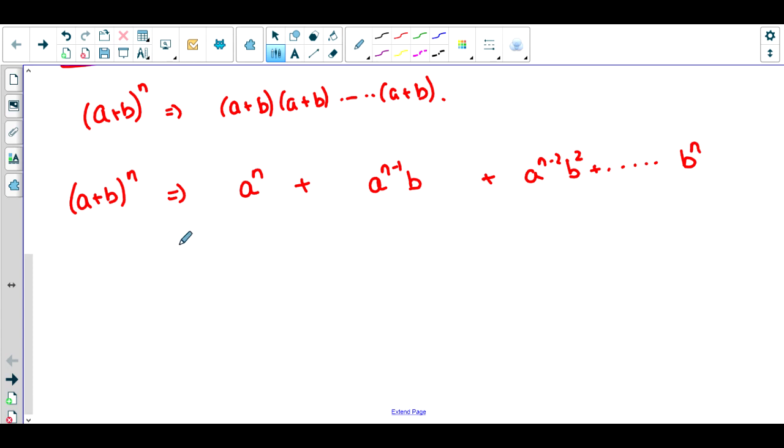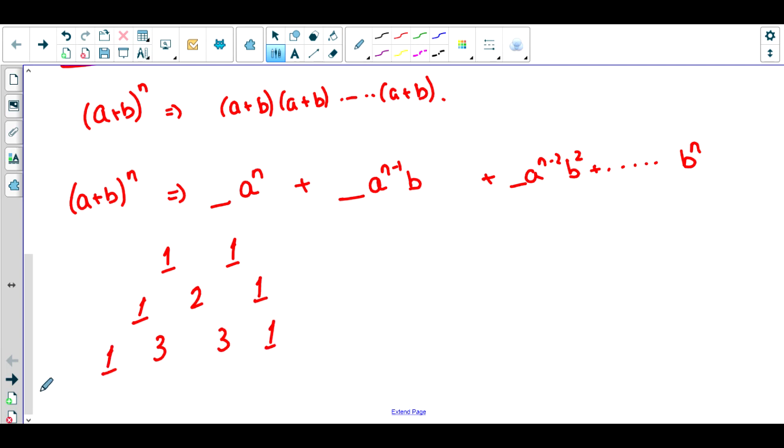The point is how to find the coefficients of this. What is the coefficient here, and here, and so on. Remember, to find the coefficients we use a triangle which is called Pascal's triangle. How did we start? We had 1 1, 1 plus 1 became 2, here it is 1. Then 2 plus 1 becomes 3, here it is 1.